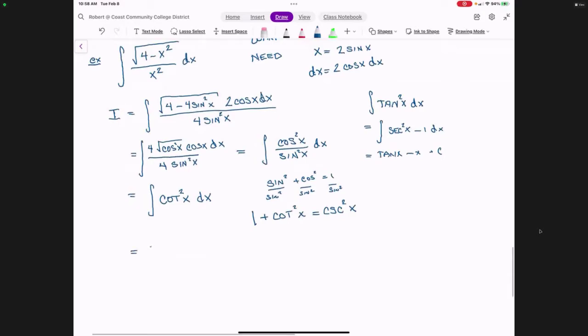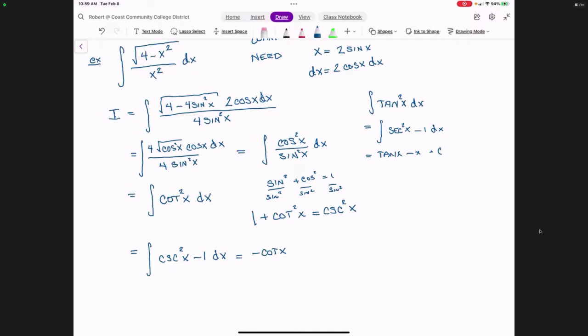So that means that the cotangent squared of x is the cosecant squared of x minus 1 dx. So the antiderivative of cosecant squared is negative cotangent of x.